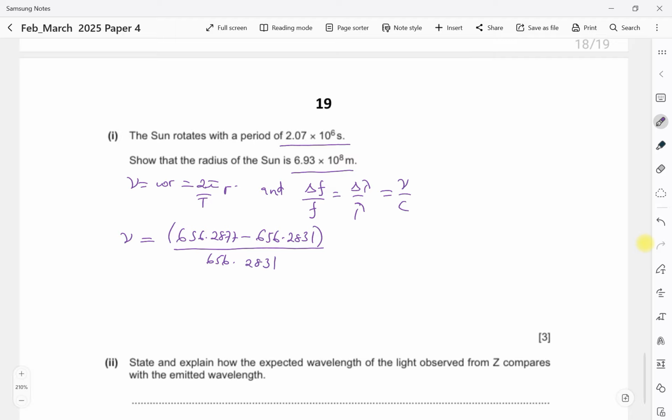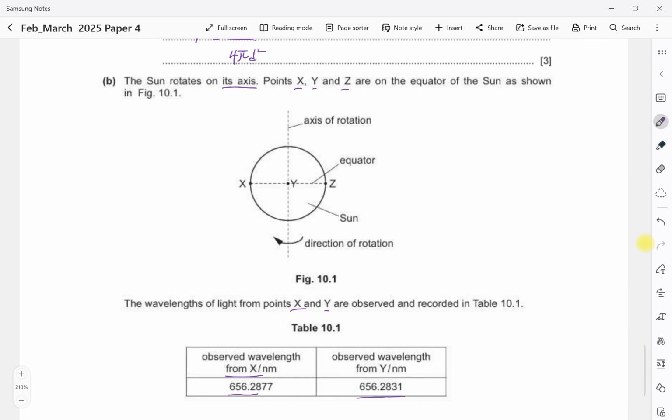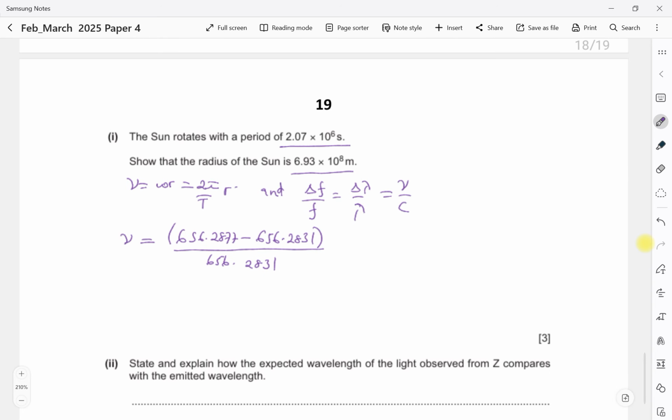Of course, we divide by this because Y is at the center of the axis of rotation, so Y is going to be the reference point. So that is going to be 656.2831, then this is going to be multiplied by 3 times 10 to the power of 8. I'm making V the subject from here.